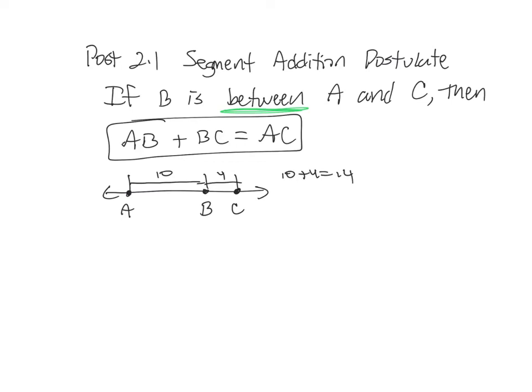And then toward the end, one last example. So it'll say kind of the same thing. B is between A and C. That also means it has to be on the same line. So if B was on a different line, it's not between A and C, even if the picture kind of looks like it. So B is between A and C, and then it'll say solve for x.